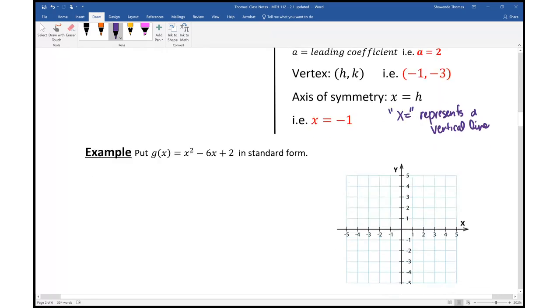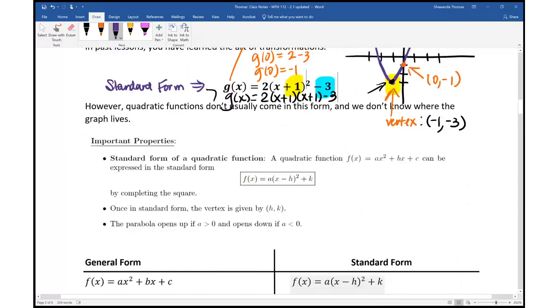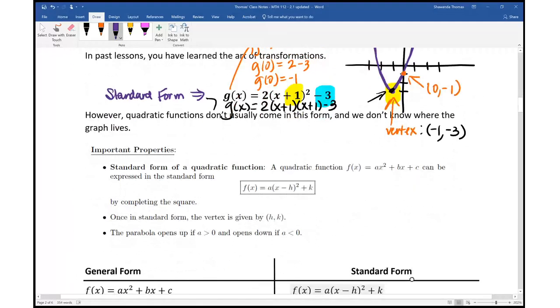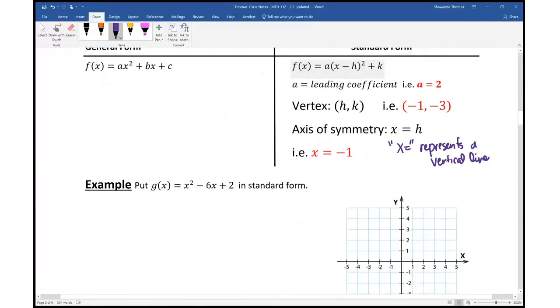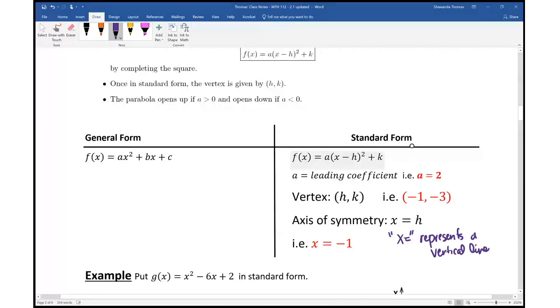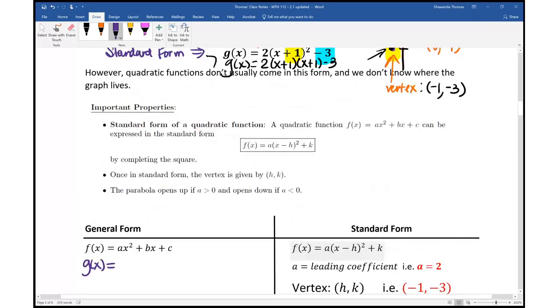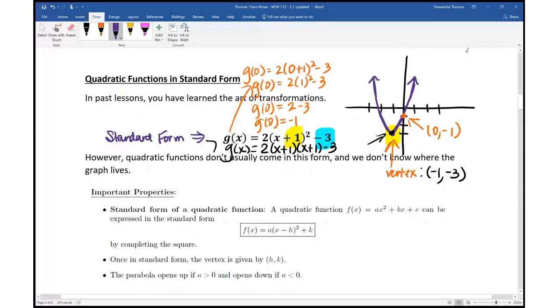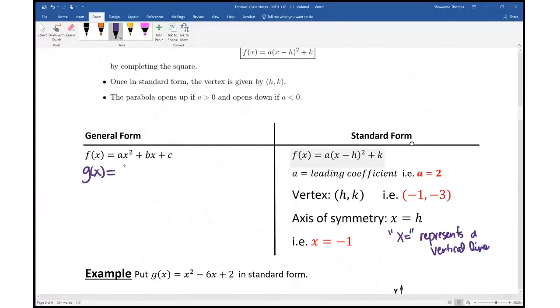All right. So let's put the general form as a practice. The general form. So let me put g of x equals, looks like I erased it, didn't I? 2x squared, I think, plus 4x minus 1.